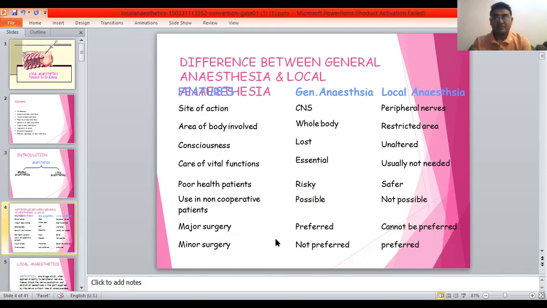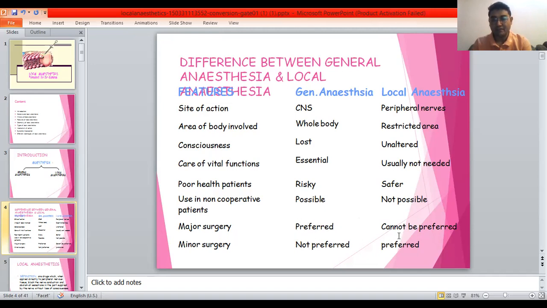For major surgery, of course, general anesthesia is preferred, but local anesthesia cannot be preferred because major surgery takes lots of time. It will be a prolonged surgery. In general anesthesia, we will maintain the anesthesia.